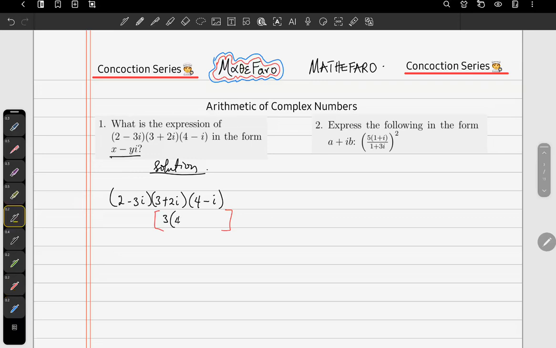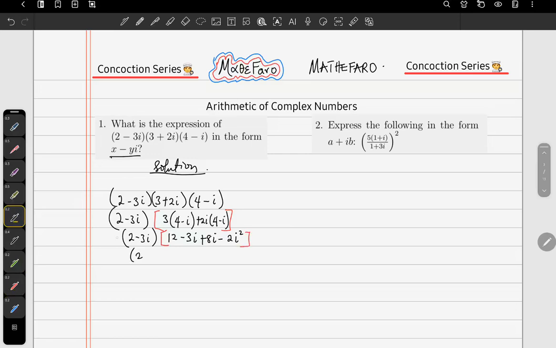So we have 3 times 4 minus i, the usual foiling, plus 2i into bracket 4 minus i. Then we have 2 minus 3i still outside here. So this gives us 2 minus 3i, then 3 times 4, we know that is 12, minus 3 times i, 3i, 2i times 4, which is 8i, and 2i times i, which is minus 2i squared.